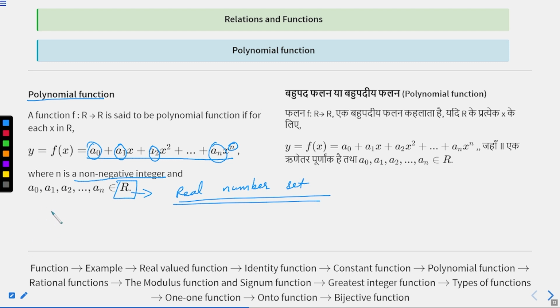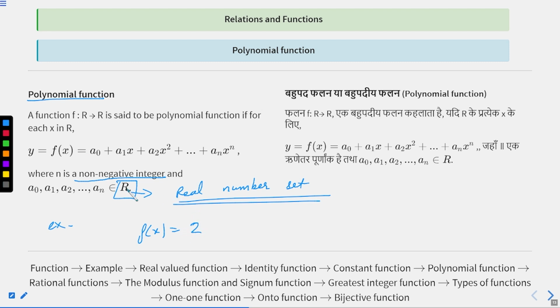For example, if you take f(x) equal to, say, 2. Is this a polynomial function? Yes, indeed. Why? If you are saying that it is a constant function, yes, it is a constant function.